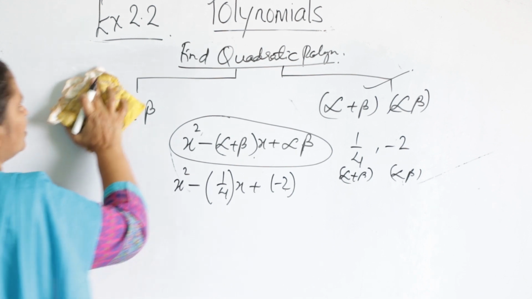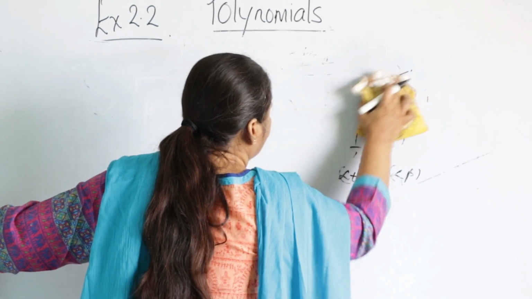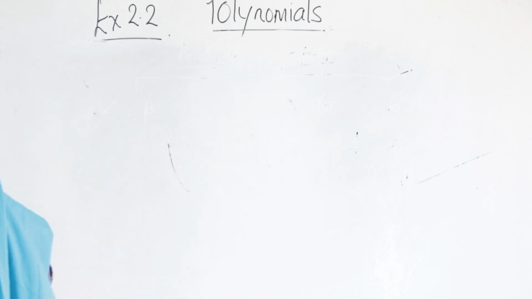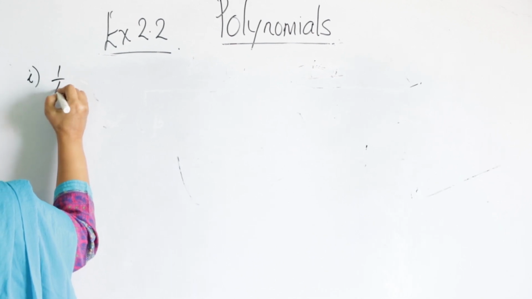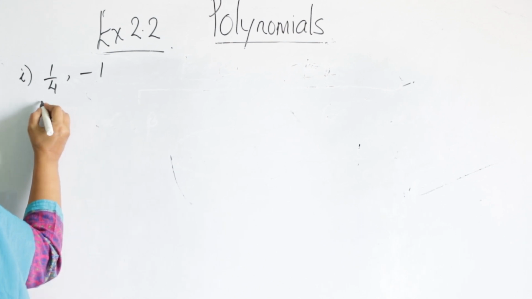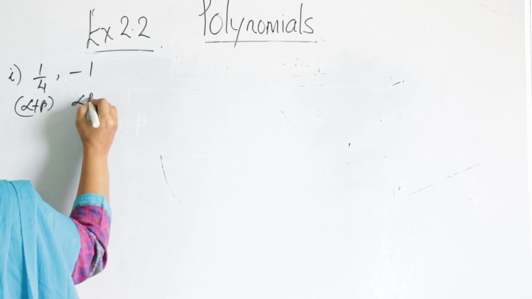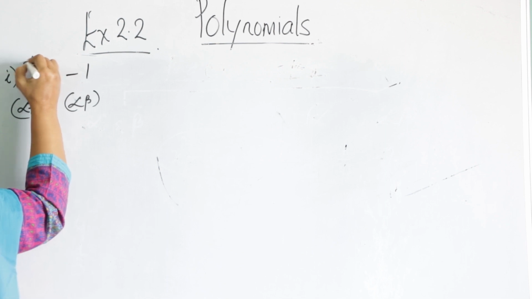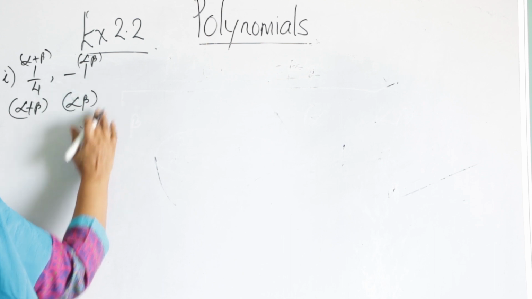So, now let us start solving our 2.2 second main quickly. Now the first pair of values given are 1 by 4 and minus 1. And as I told you, what is given here? Sum and the product of the zeros. So on top of the values, you just write, this is alpha plus beta and this is alpha times beta.